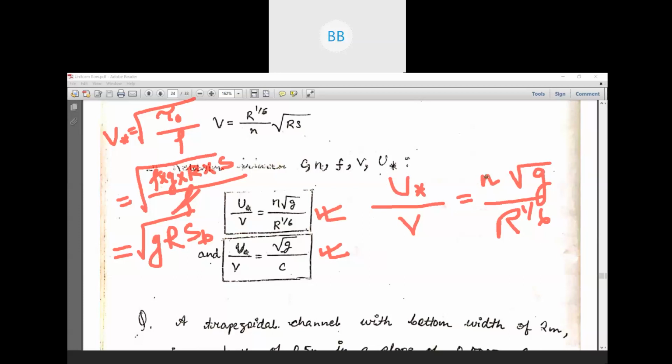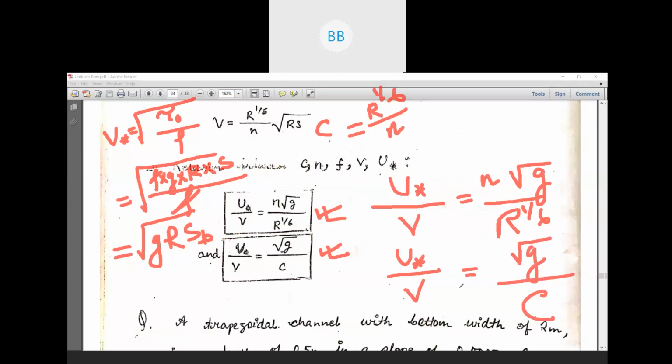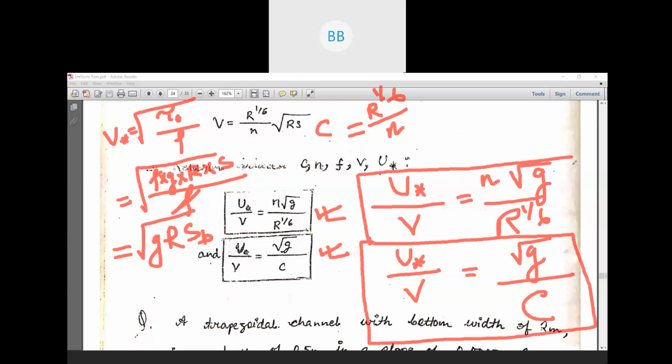If Chezy's is given, then this will change. Velocity divided by V, the left hand side will be the same, and because we know C, Chezy's constant, is equal to R to the power 1 by 6 divided by n, it will be root over g divided by C. These are the two expressions you should remember.